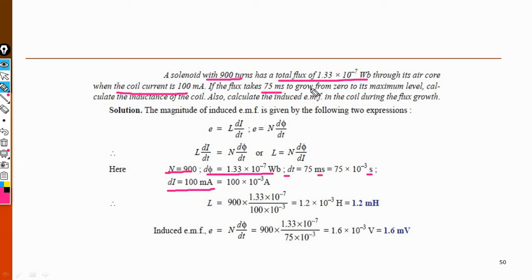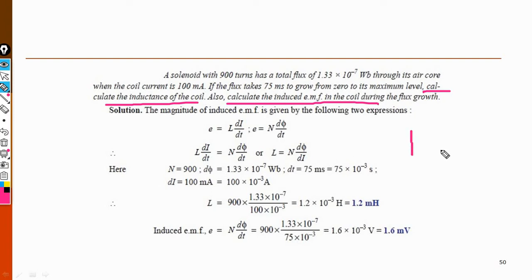Also its level goes from 0 to maximum level. Then calculate the inductance of the coil and calculate the induced EMF of the coil. That means we have to calculate two parameters, first inductance and second induced EMF. These two parameters will be calculated with the help of the given data.